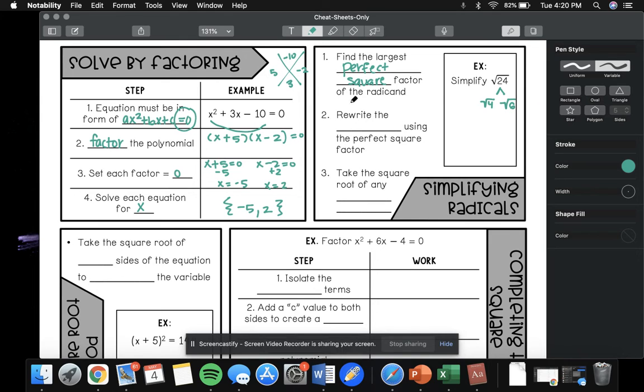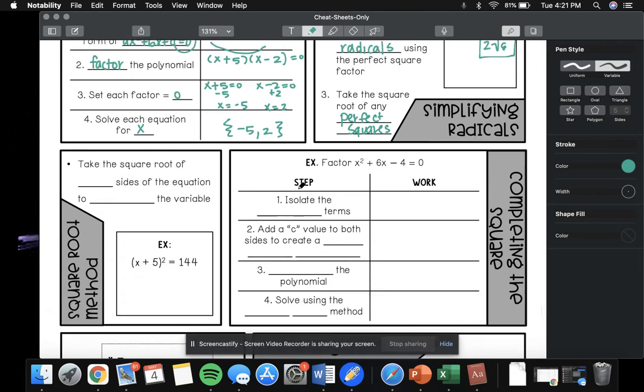Okay, then we rewrite the radicals using perfect square factors. Okay, so it's the same thing as square root of 4 times the square root of 6, and then we take the square roots of any of our perfect squares. Okay, so we know the square root of 4 is 2, and we know the square root of 6, we have no idea. So simplified, this would be 2 square root of 6.